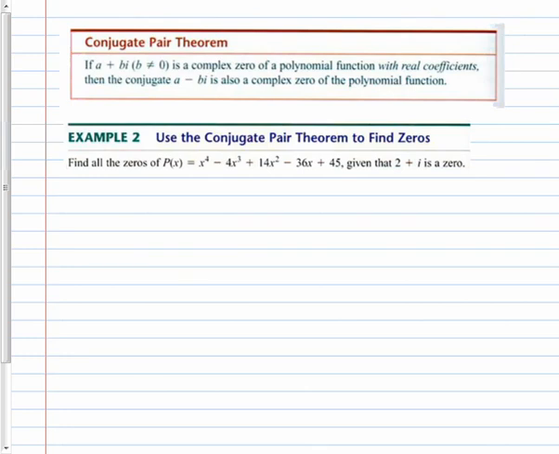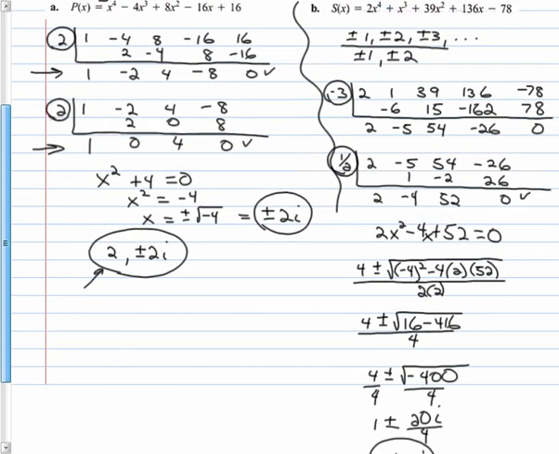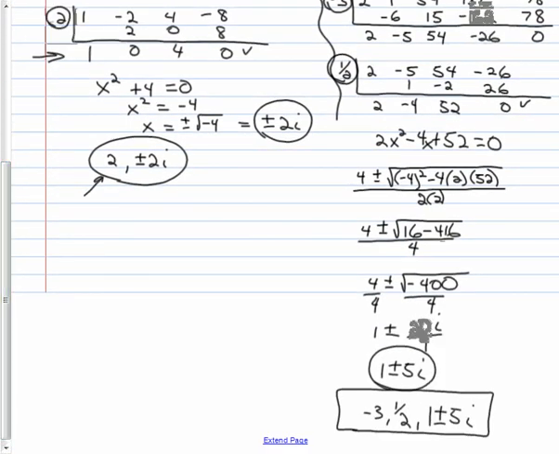Conjugate pair theorem says if you have a complex zero, a plus bi, you always will have its conjugate, a minus bi. Anytime you have a complex zero, it will have its conjugate pair with it. Look back over here. If there's a positive 2i, there's a negative 2i. If there is a 1 plus 5i, there is a 1 minus 5i.